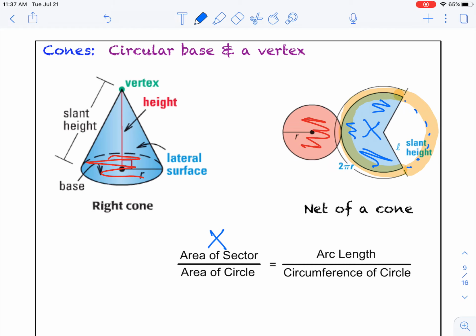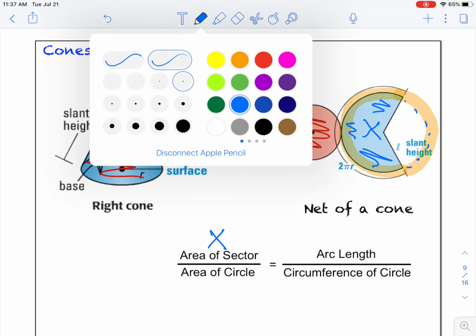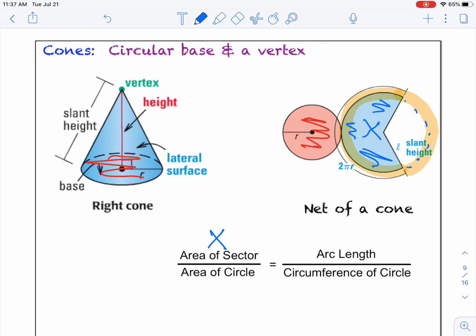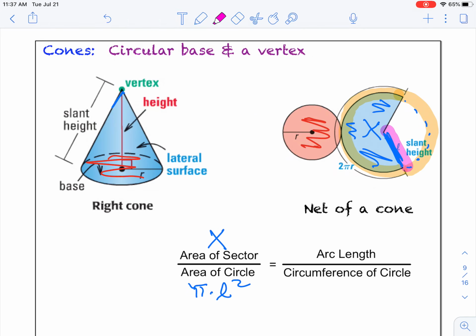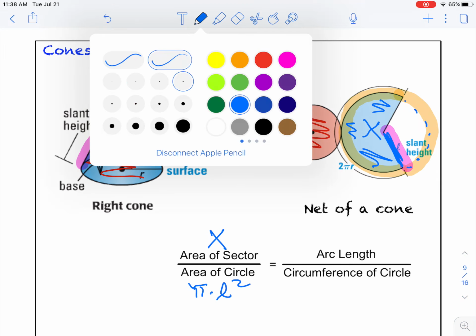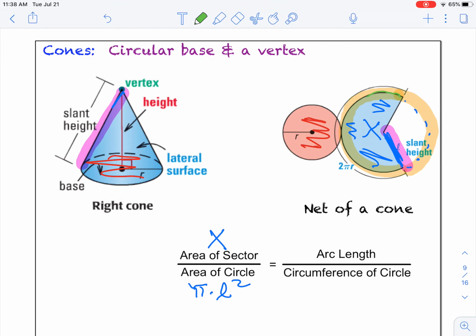And the area of this entire circle right here is pi times L squared. Because see, right here, that is your L, that's your slant height from this figure. So this L right here is this same thing right there. And so the area of that whole circle is pi times L squared. The arc length is this part right here.